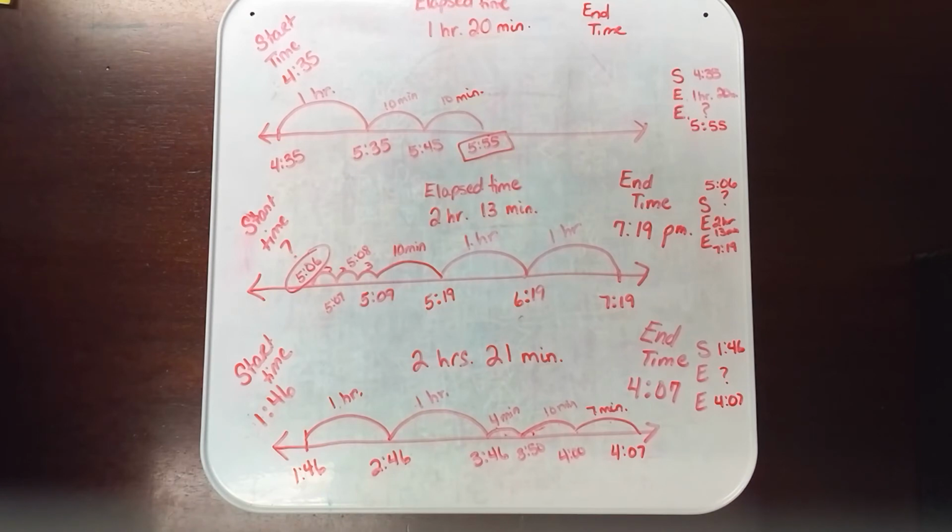For our 4.8C, the TEK also talks about just solving all types of measurement word problems. So we're going to make sure that our students are using QTPack on these problems. Remember, we're not teaching keywords. We're going to make sure we're thinking about the actions and what they are doing.